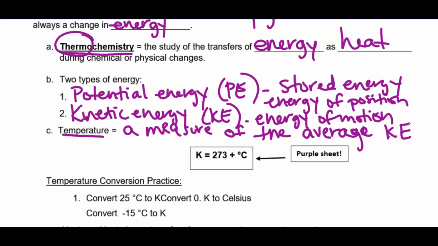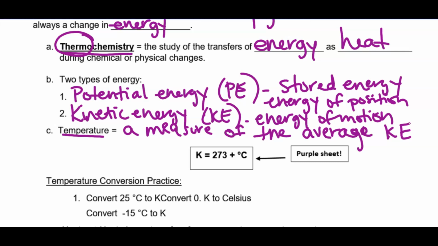Okay? And notice it says it's the average kinetic energy. So it doesn't matter how many particles you have. So you could have 60-degree water in a teacup, and that would have the same temperature or average kinetic energy as the particles in a 60-degree bathtub of water.